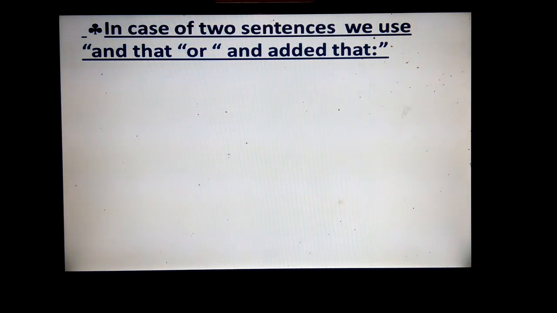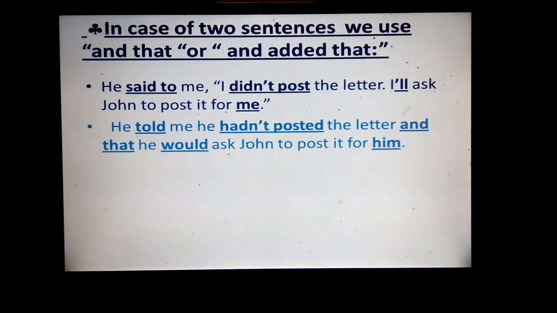In the case of two sentences, we use "and that" or "and added that". If I have two sentences I want to connect, I use with them "and that" or "and added that", meaning in addition. He said to me, "I didn't post the letter. I'll ask John to post it for me."